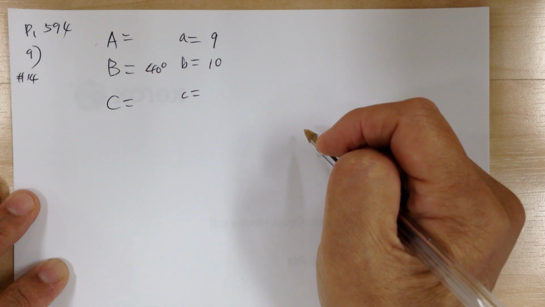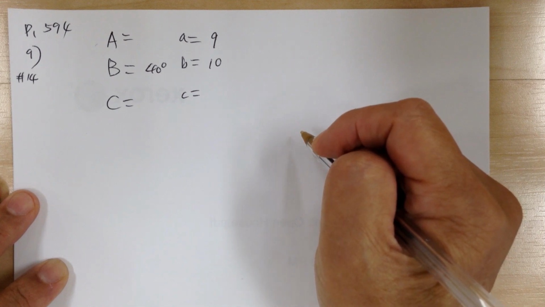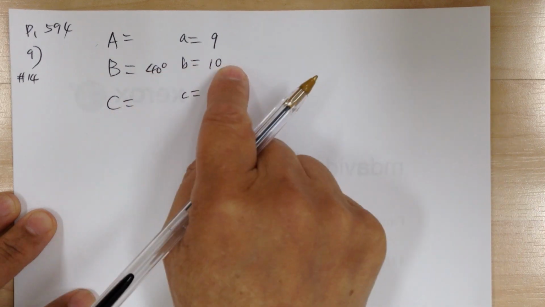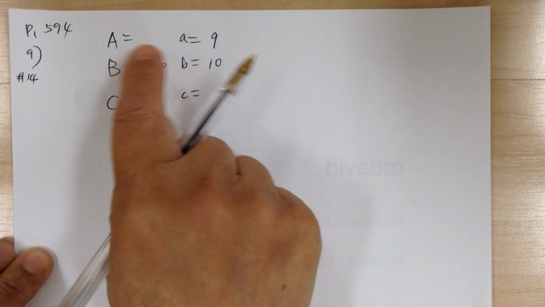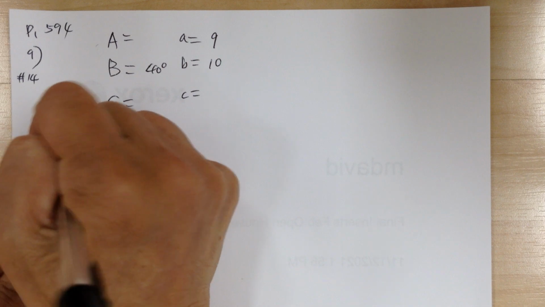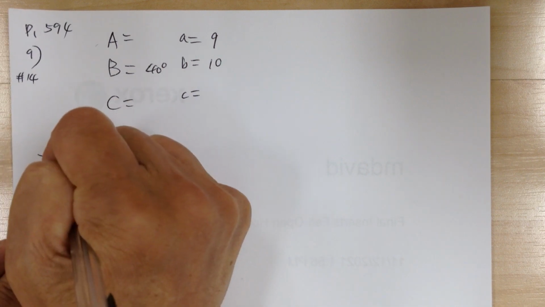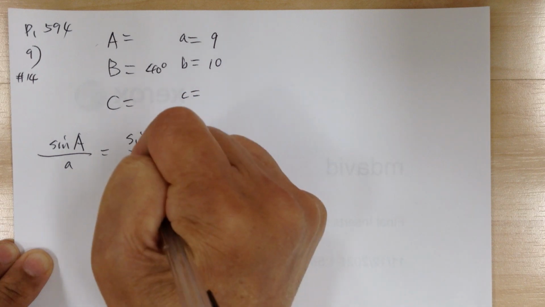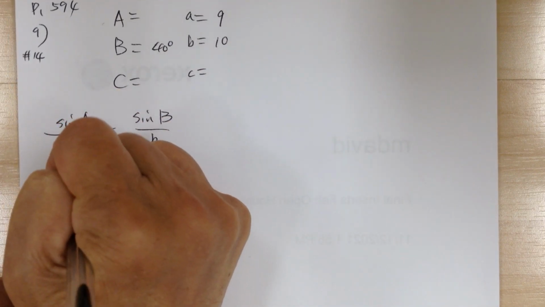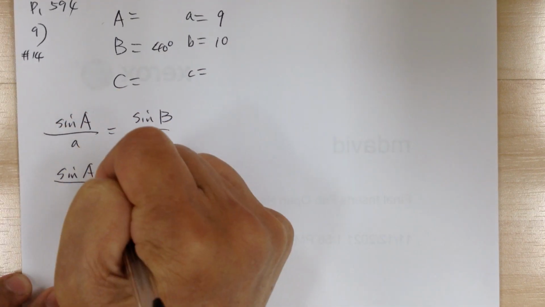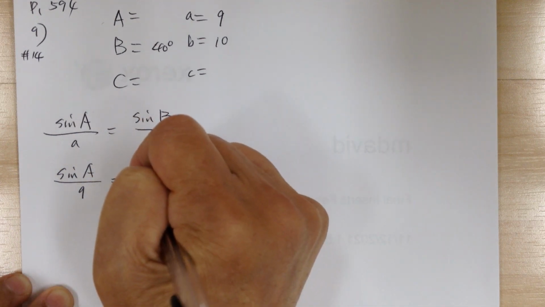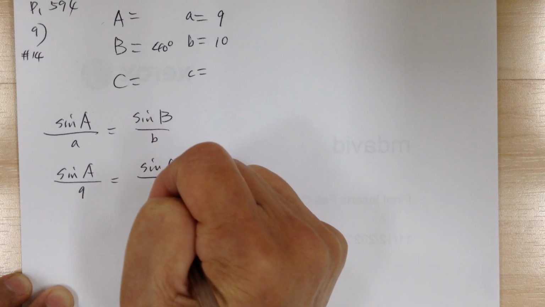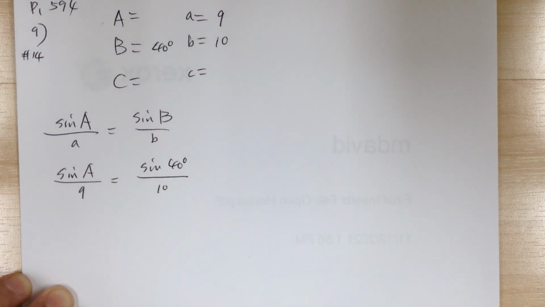You have 2 of the same letters, so we have to use law of sine. This is given, so we use sine A over A equal to sine B over B. Substitute: sine A over 9 equal to sine 40 degrees over 10.